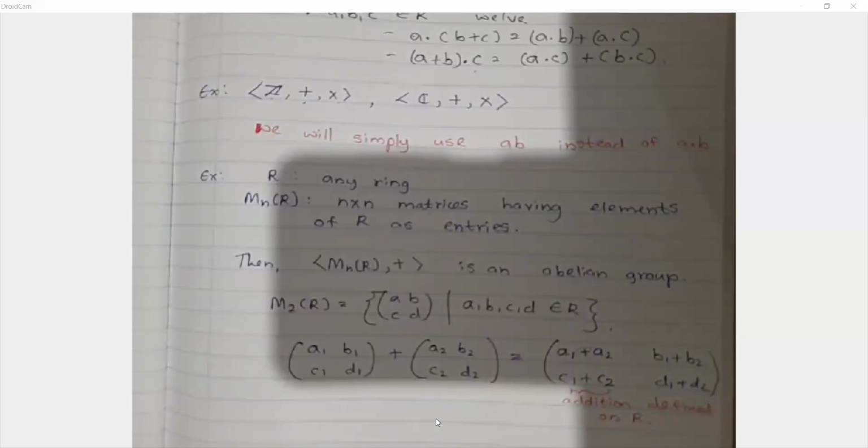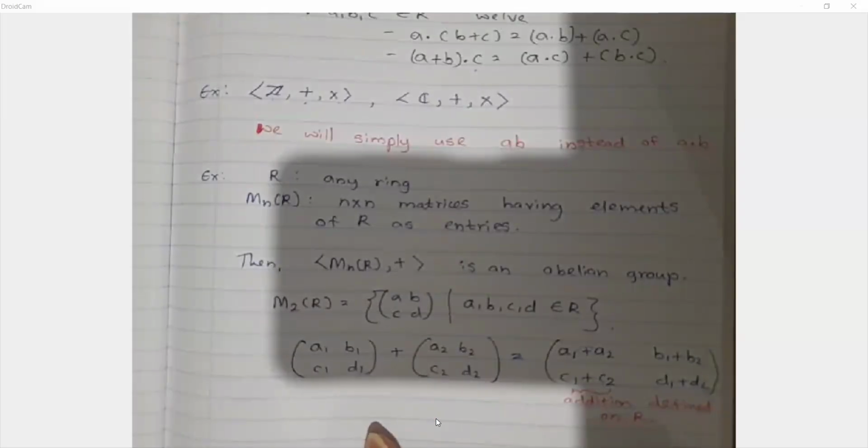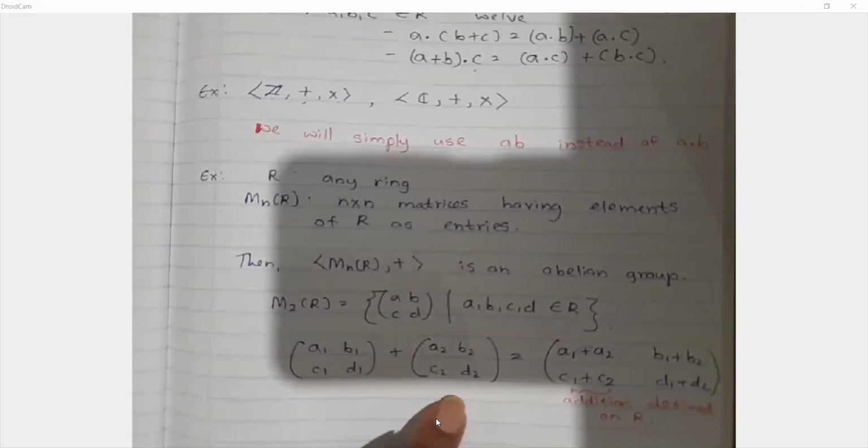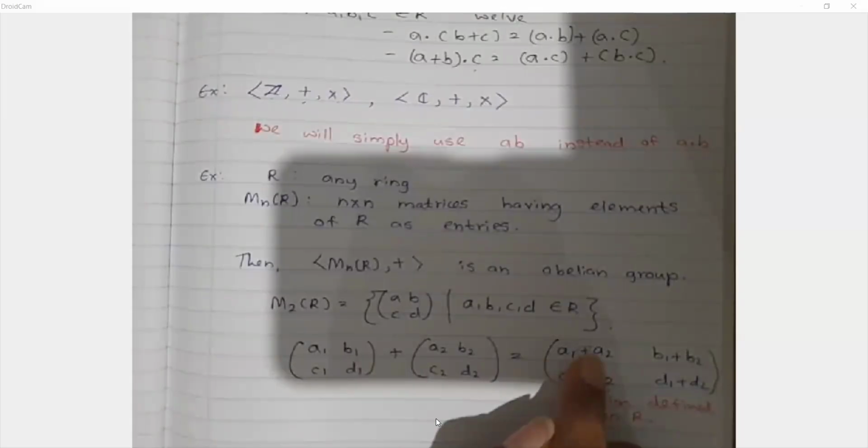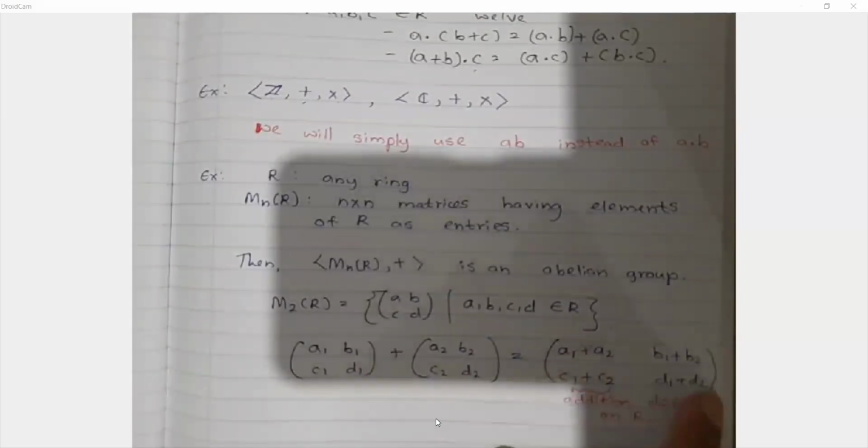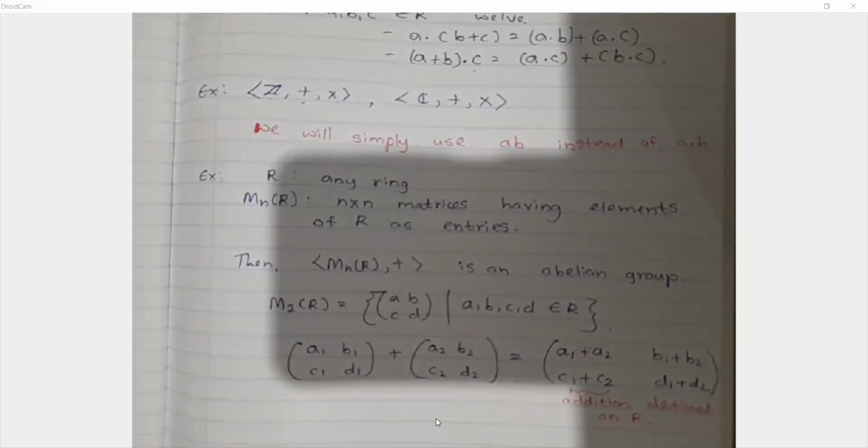Likewise, you can see all conditions are satisfied, and you can clearly see that this is abelian if you take these two, A1 plus A2. You can commute each of those entries with the corresponding elements taken from R. For example, A1 plus A2, you can write as A2 plus A1 because R is an abelian group under addition.